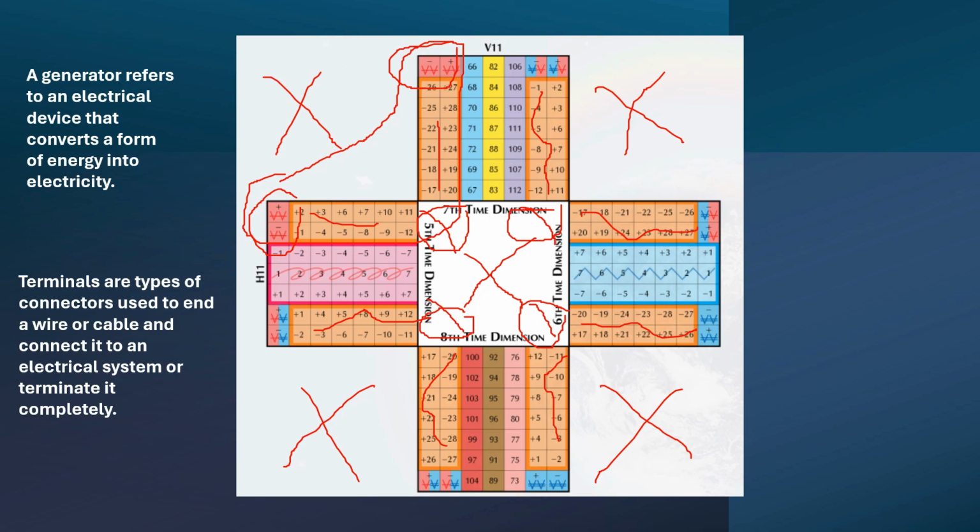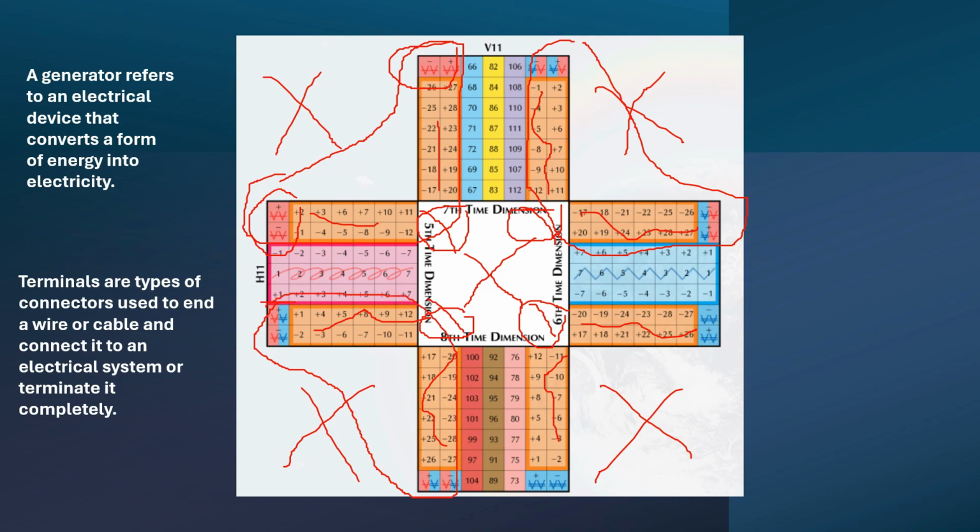Beta alpha goes from the seventh time dimension, seventh mental sphere, over to the sixth time dimension and sixth mental sphere. Alpha beta goes from the fifth time dimension, fifth mental sphere, down to the eighth time dimension, seventh mental sphere.